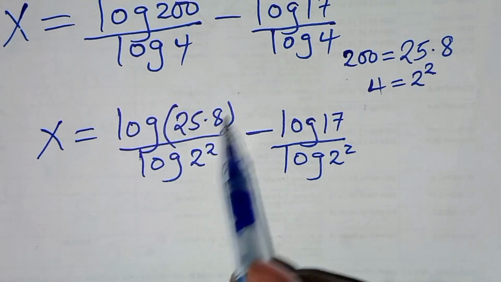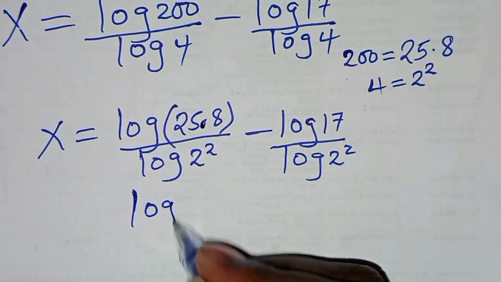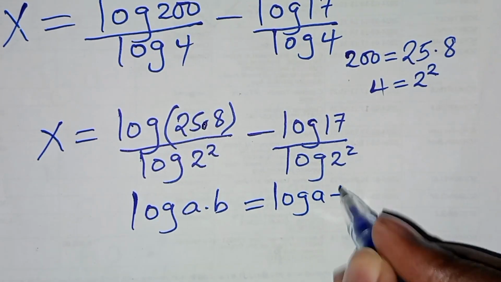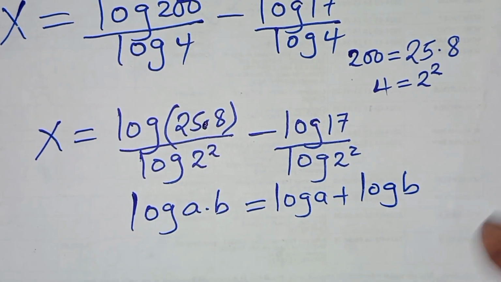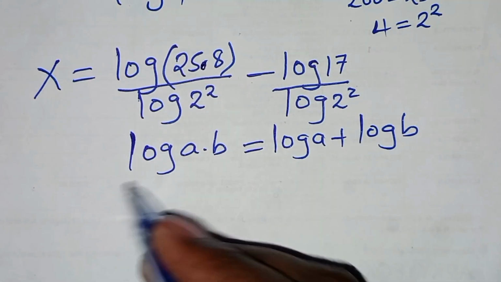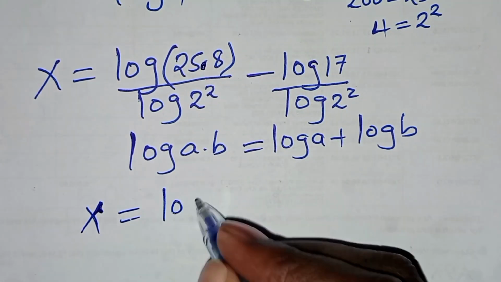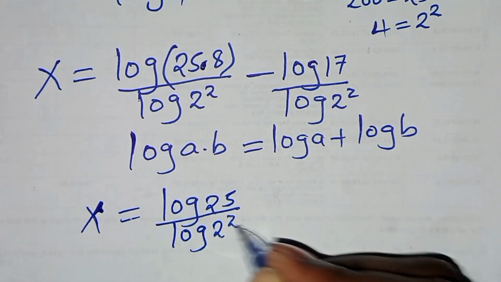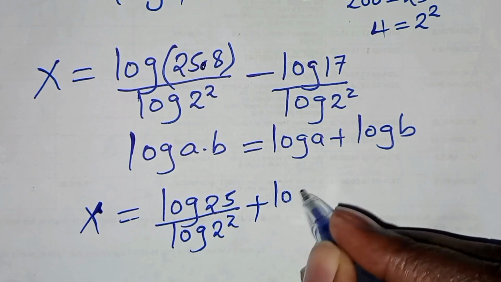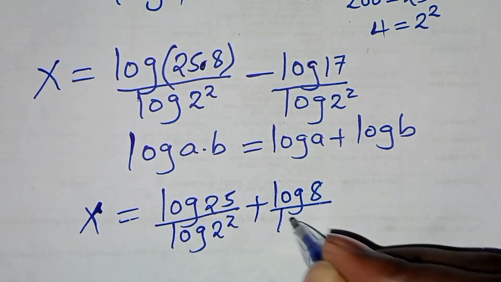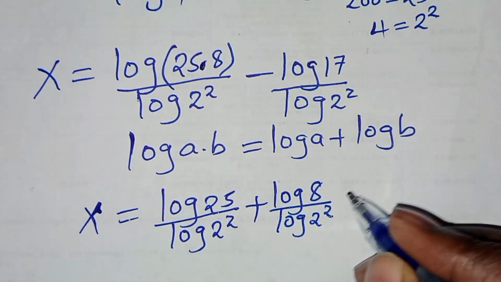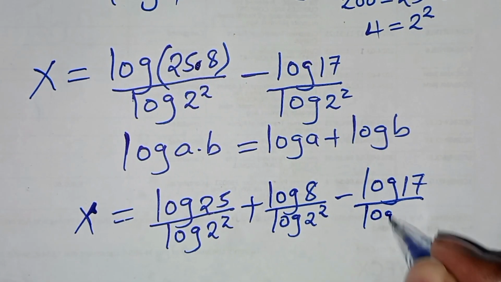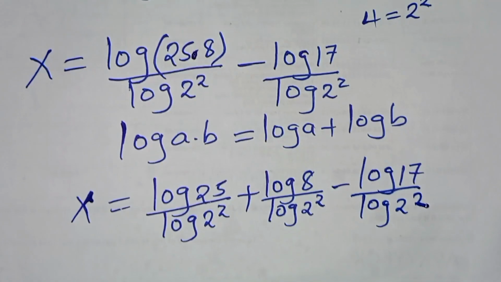Now, log 25 times 8 is in the form of log a times b, which we can express as log a plus log b. So applying this property, x is equal to log 25 divided by log 2 to the power 2 plus log 8 divided by log 2 to the power 2, then subtract log 17 divided by log 2 to the power 2.